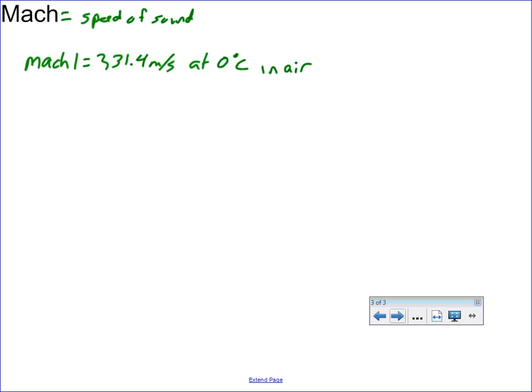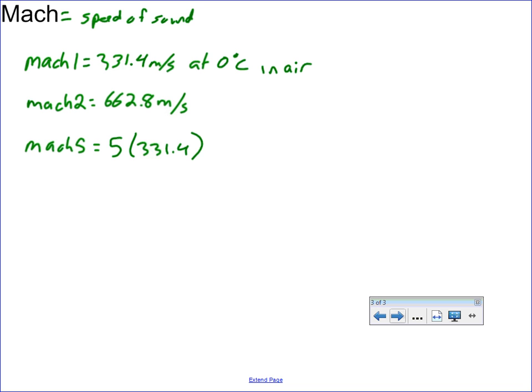If you want to know Mach 2, then you multiply that by 2, so it's 2 times the speed of sound. And Mach 5 would be 5 times this value, 5 times 331.4. That's all that Mach is talking about.